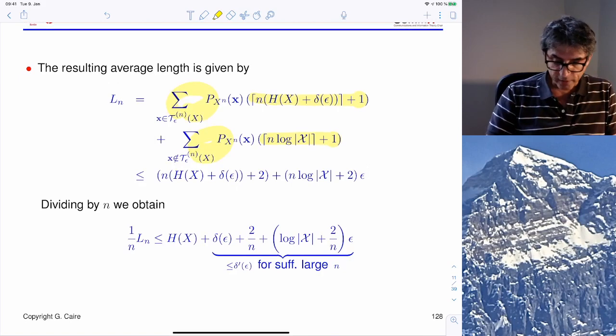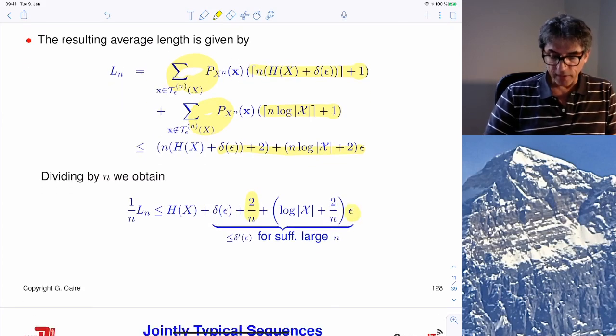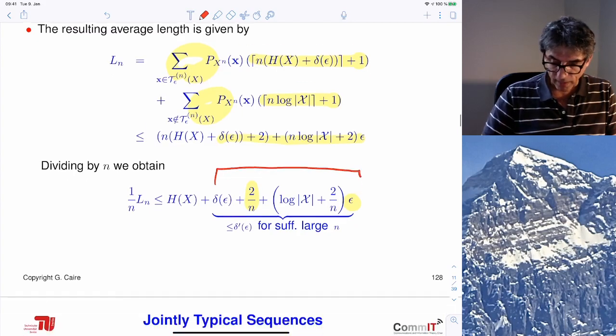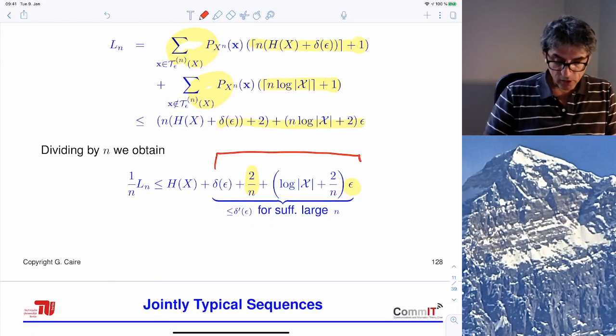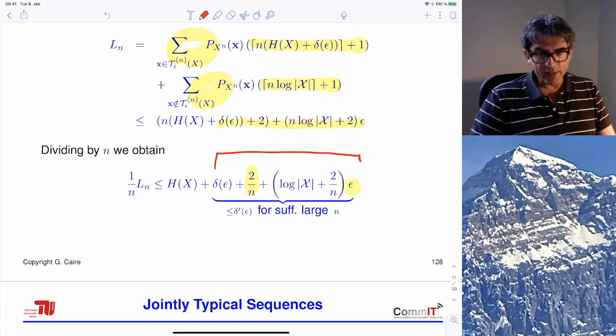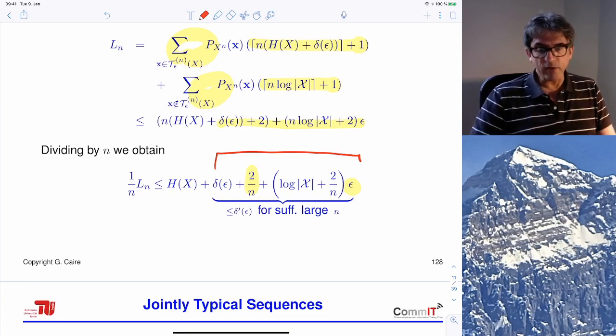Then we simply collect terms, and we end up with something that is in fact dominated by n times the entropy, and then we have terms that, as we divide by n, either go to 0 as 1 over n, like for example in here, or are multiplied by epsilon, and this epsilon can be made as small as we want. So the overall penalty term can be made small by taking small epsilon and large n. This shows the existence of codes that can compress arbitrarily close to the entropy.